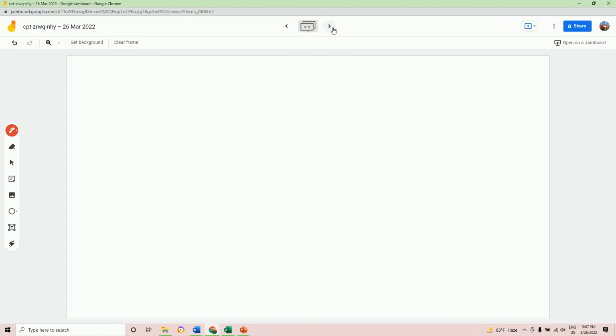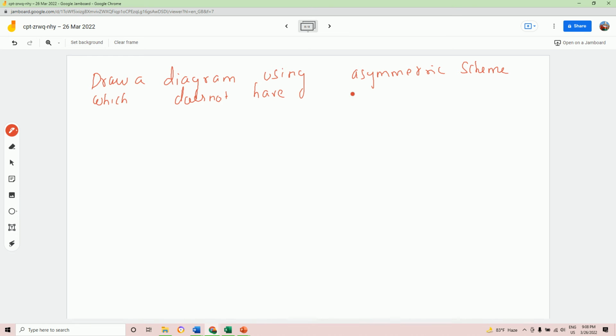Now let us practice. Now draw a diagram using an asymmetric scheme which does not have confidentiality, but there is authenticity.